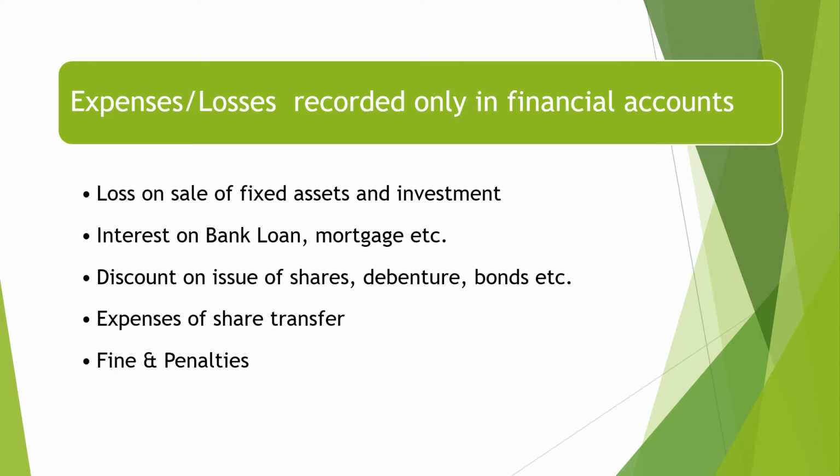Similarly, interest on bank loan or mortgages, discount on issue of shares, debentures, bonds, expenses of share transfer, fines and penalties which are paid are recorded in financial accounts but not recorded in cost accounts. As a result, the profit shown by financial accounts decreases, whereas the profit shown by cost account increases.